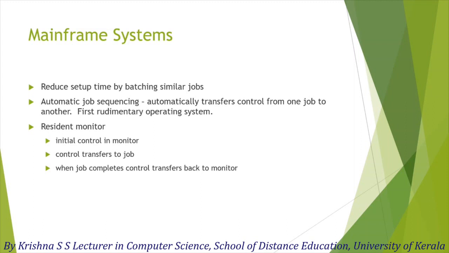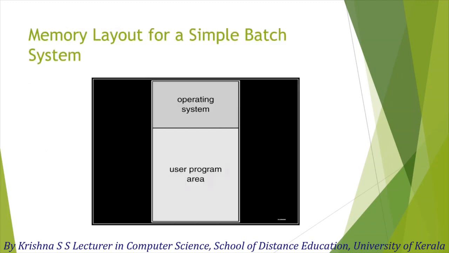The output from each batch would be sent back to the appropriate programmer. In this execution environment, the CPU is often idle. Why? Because in the initial memory locations we provide the operating system, and the rest of the space is reserved for user programs and data.